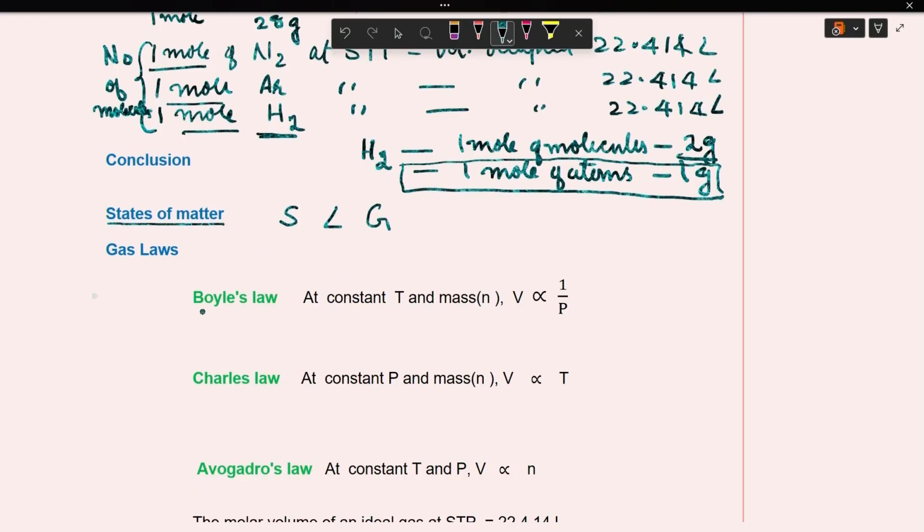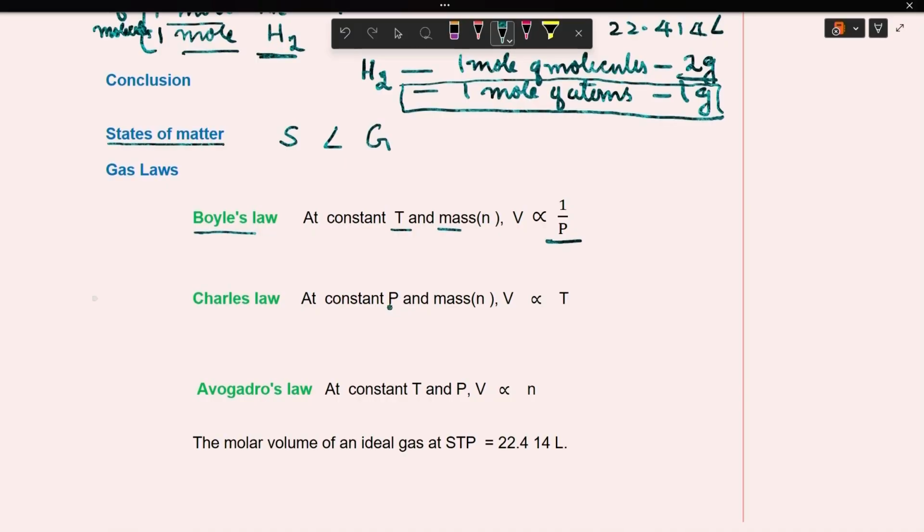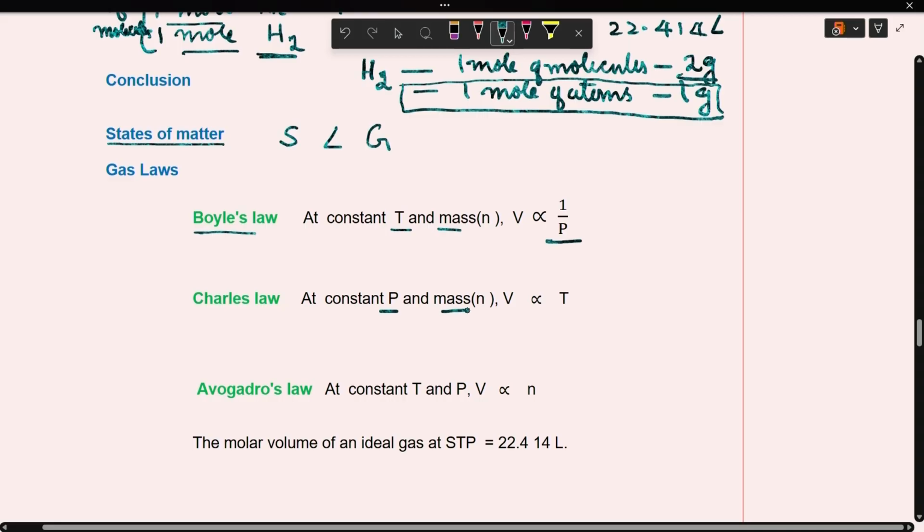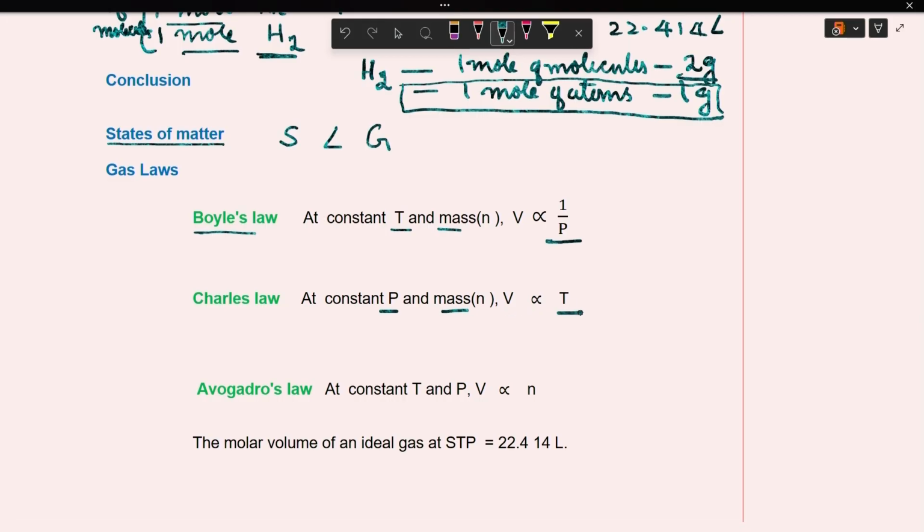First one is Boyle's law. In Boyle's law, we have found that at constant temperature and mass, volume is inversely proportional to pressure. Now, we have seen Charles' law. At constant pressure and mass, volume is directly proportional to temperature. Here it is direct proportional, the other case it was inverse proportional.